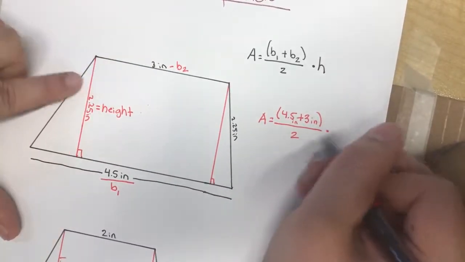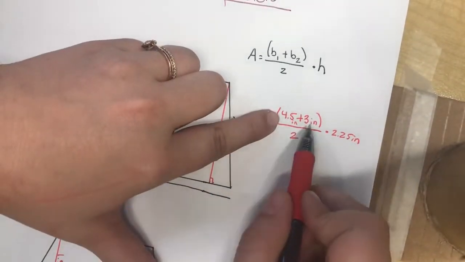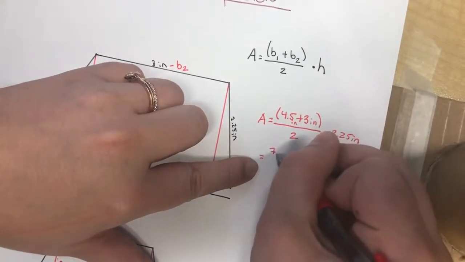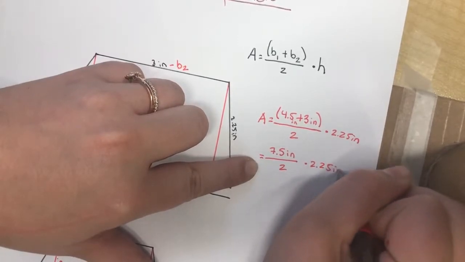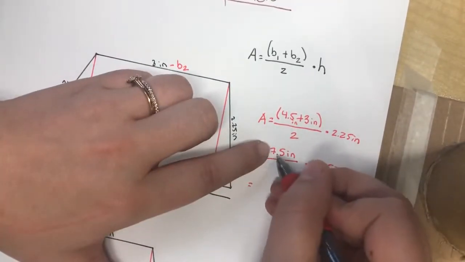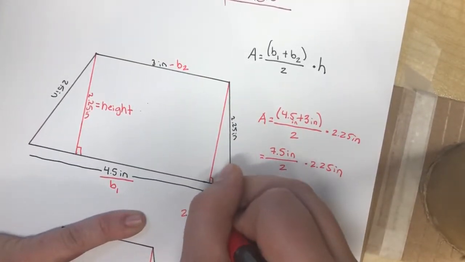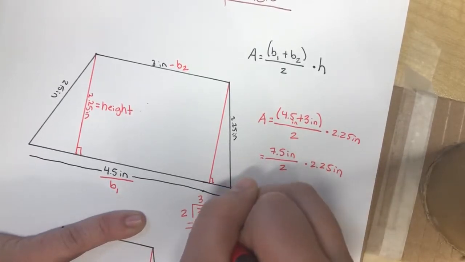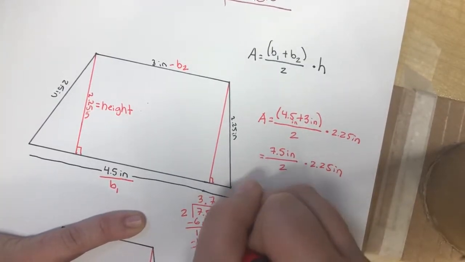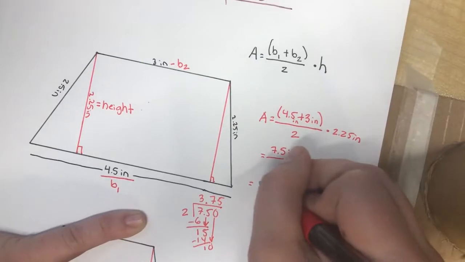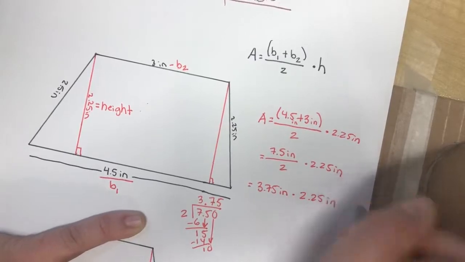Over 2 times height, which is 2.25 inches. 4.5 plus 3 equals 7.5 inches over 2 times 2.25 inches. 7.5 divided by 2 is 3.75 inches times 2.25 inches.